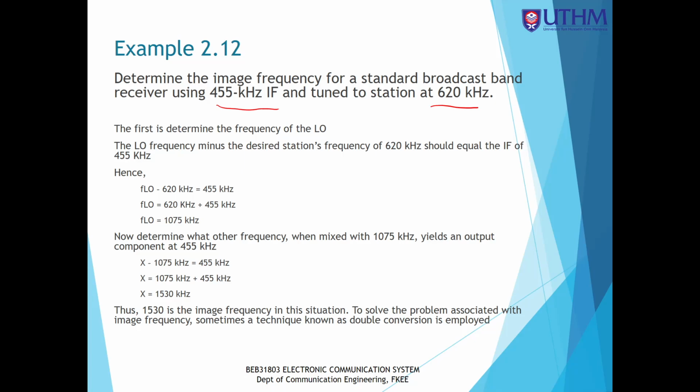So you are given FIF and you are given FRF. When you tune to a radio station, this is actually FRF, which refers to the carrier frequency. So when I want to listen to this radio station, I need to tune my radio at 620 kilohertz, the center frequency of the tuning range.